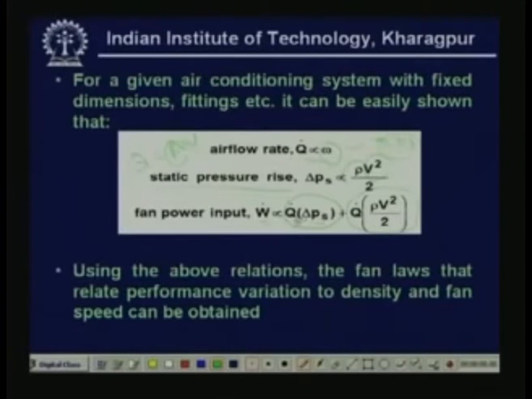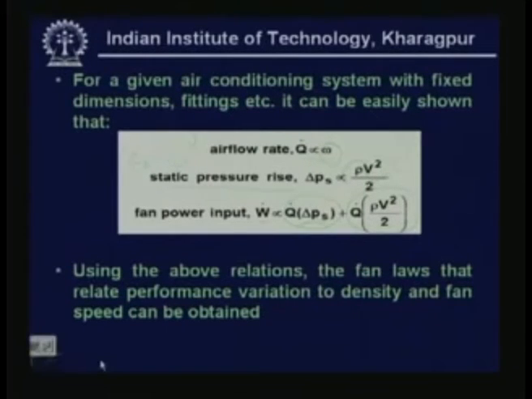So, it consists of static pressure rise part and kinetic energy part. So, these are the typical relations which relate the important performance parameters like air flow rate, static pressure and the power input to density and rotative speed. Now, using the above relations, the fan laws that relate performance variation to density and fan speed can be obtained. So, we use these three relations to arrive at the required fan laws.